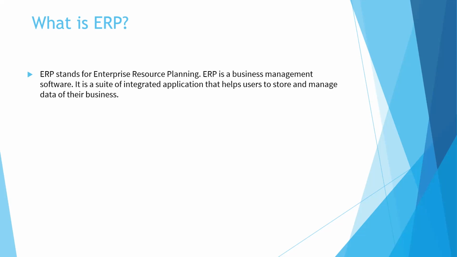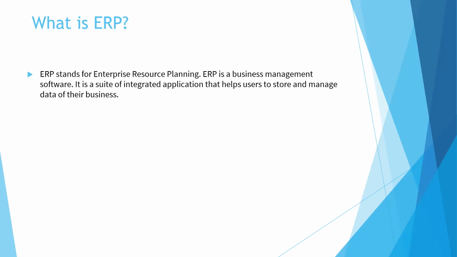Here, if you read the definition, ERP stands for enterprise resource planning. If I read this, you don't understand anything. That's why I have given an example. ERP is a business management software. I told you, right? It is a software, and it suits integrated applications. An application is based on the functionality, whether you are using it for marketing, finance, purchase, or material management. All these applications together come as one package, like one software.